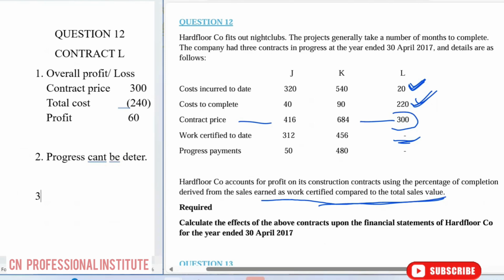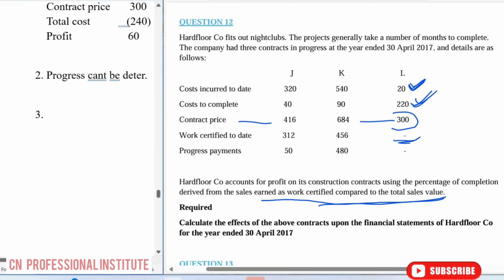We should record revenue equal to what? Cost to date. We should record revenue in a way that our cost of sales will be covered. Are you following? So in this case, how much revenue are we going to record? I'm going to record revenue equal to cost to date. So we are going to record revenue of 20.